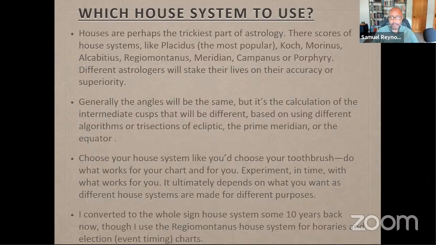It ultimately depends also on what you want, as different house systems are made for different purposes. If, for instance, when you go out into the night sky and you look at the stars and you really are into the astronomy of looking at planets, then it makes sense for you to use a Campanus house system, because that house system more readily draws on the apparent perspective from the Earth's point of view or your location's point of view of where the planets are.